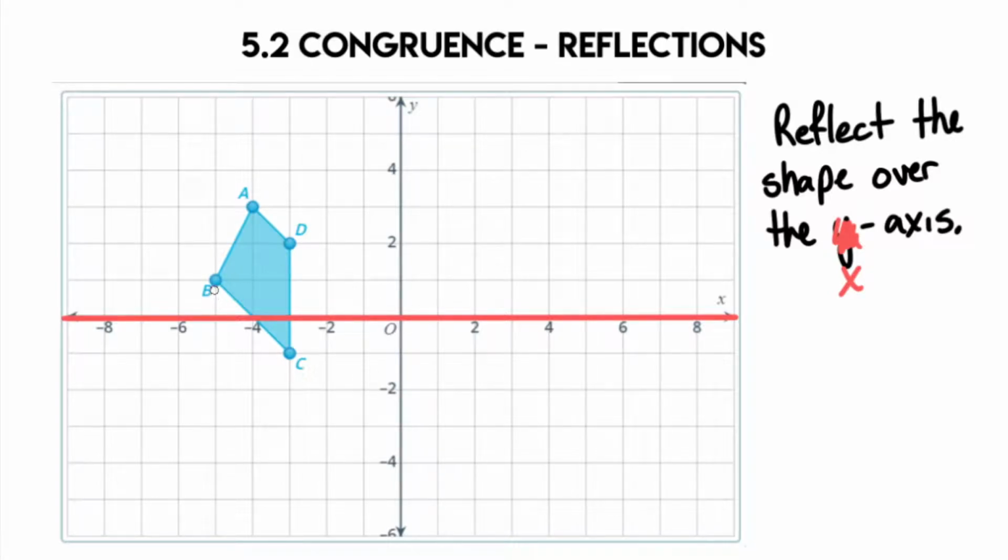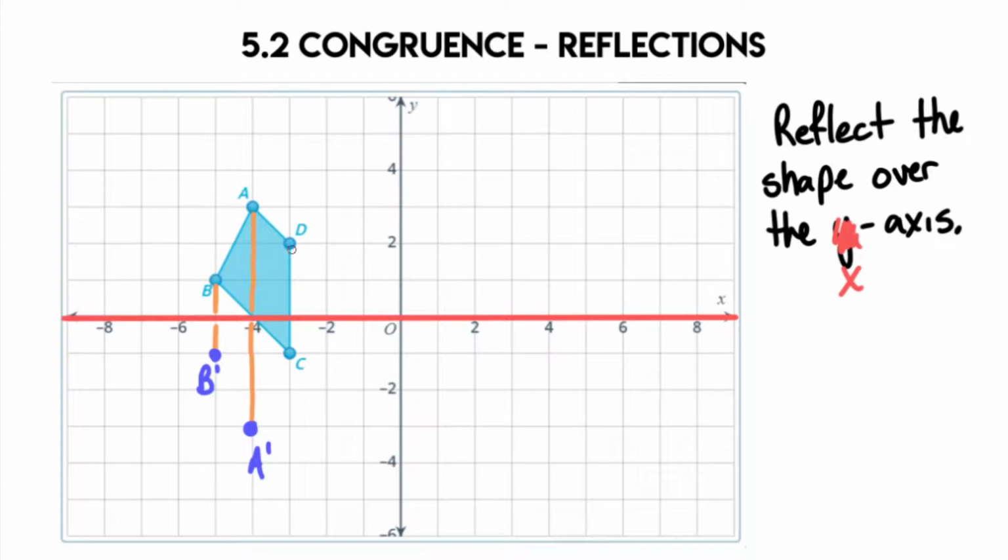For example, B has a distance of 1 to the line of symmetry, so B prime has to have a distance of 1 from the line of symmetry, B prime. A has a distance of 1, 2, 3 from the line of symmetry, 1, 2, 3 from the line of symmetry. Here's A prime.